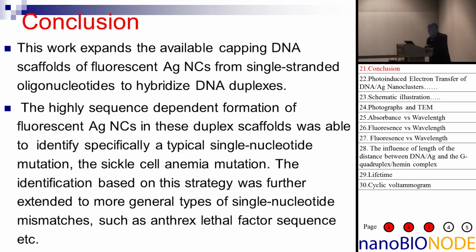Conclusion. This work expands the available capping DNA scaffold of fluorescent silver nanocluster from single-stranded oligonucleotide to hybridized DNA duplex. And second, the highly sequence-dependent formation of the fluorescent silver nanocluster in this duplex scaffold was able to identify specifically a typical single nucleotide mutation, the sickle cell anemia mutation.